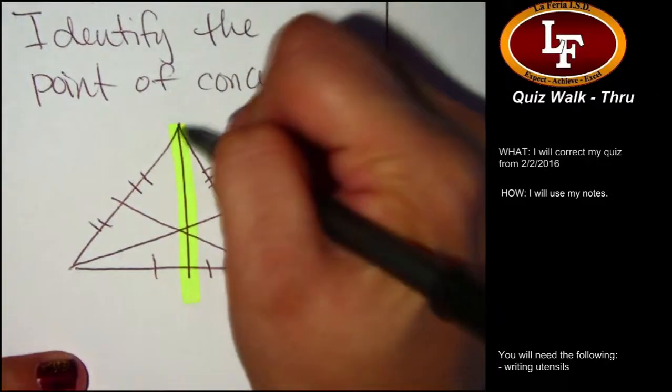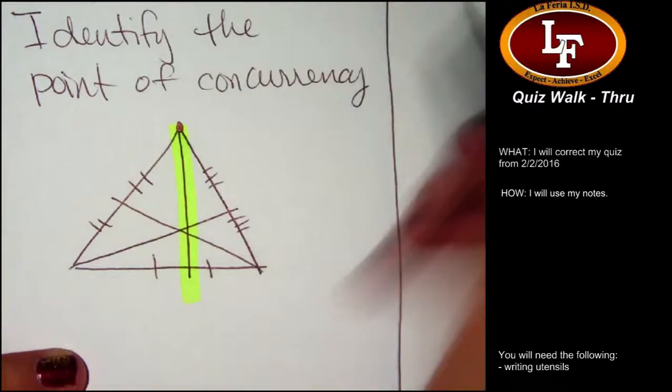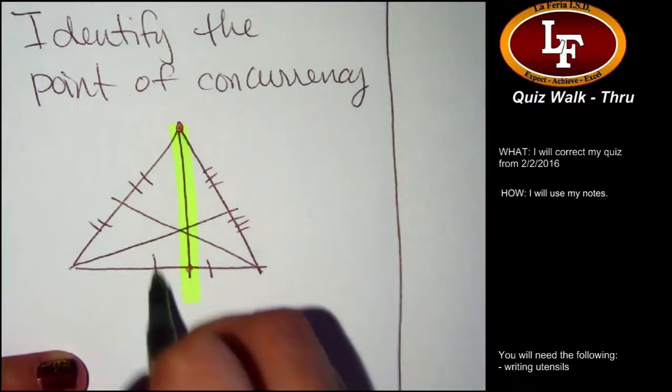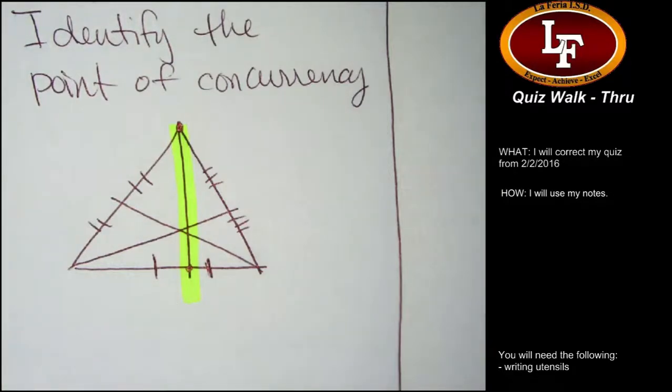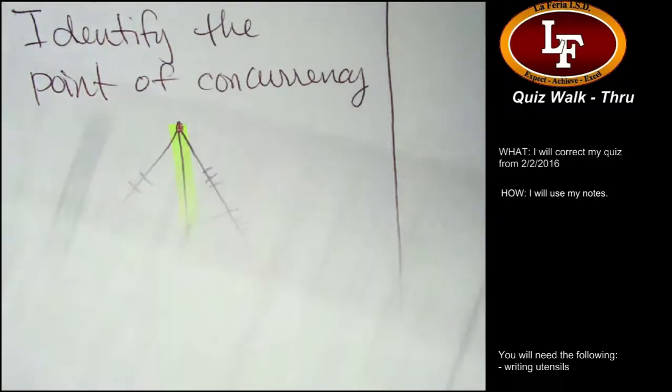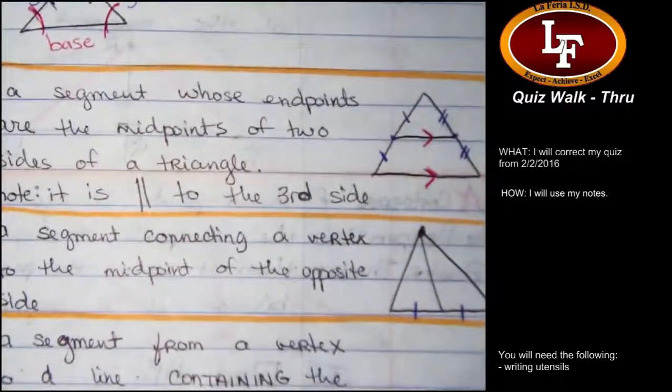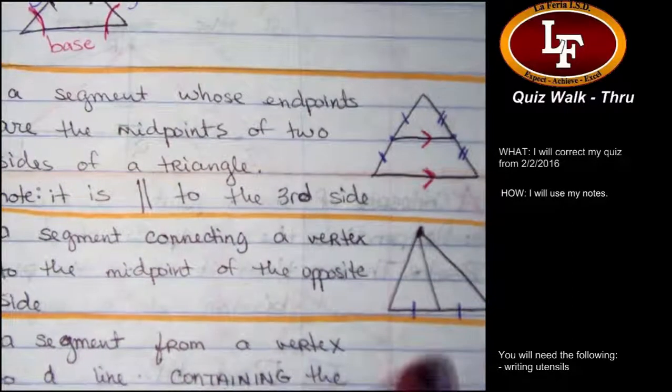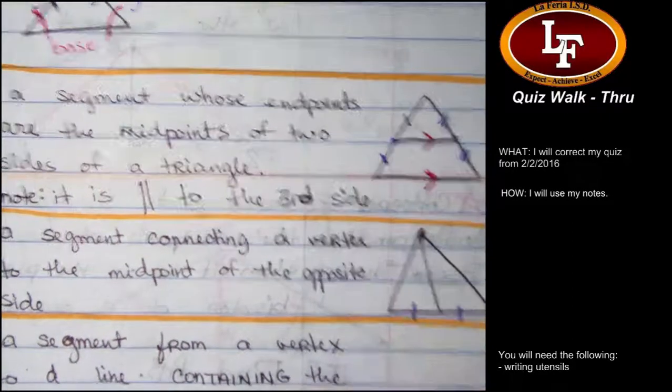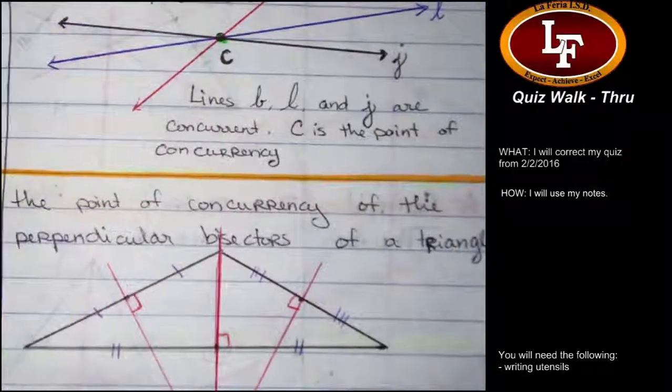Median, he says. Median because it goes from vertex to some point, and that point cuts this into 2 congruent pieces. It's the midpoint. So I'm going to show from my notes, there is the median, the segment connecting vertex to midpoint. There's your picture. But you have 3 of these, so it makes this thing look like a hot mess.